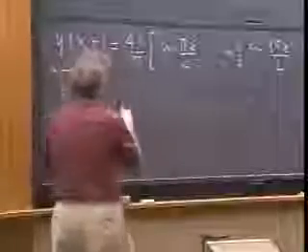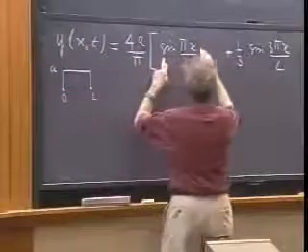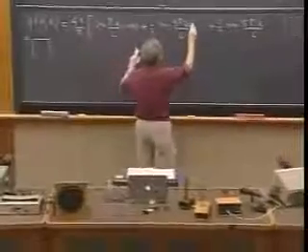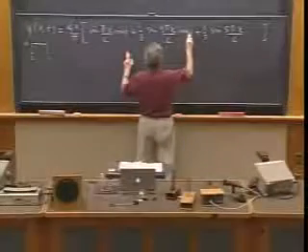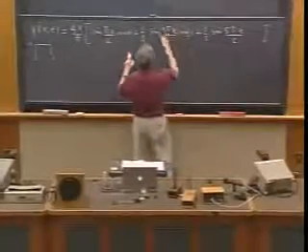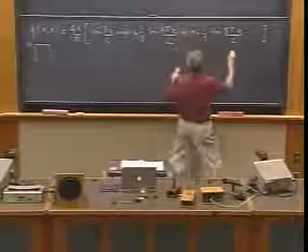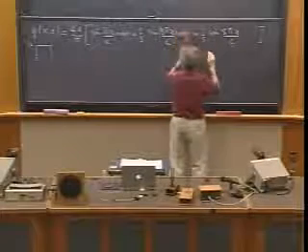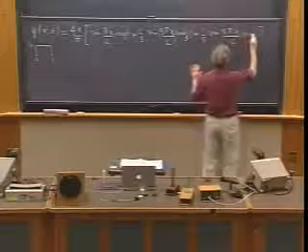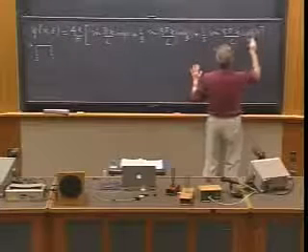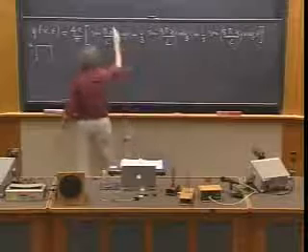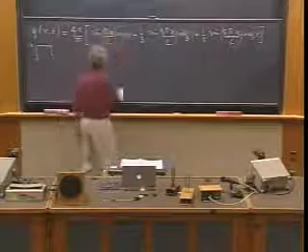And what happens now is that this one is going to oscillate with omega 1t, and this one is going to oscillate omega 2t, and this one omega 3t, and this one is going to oscillate with cosine omega 5t. Each one of these is a standing wave.